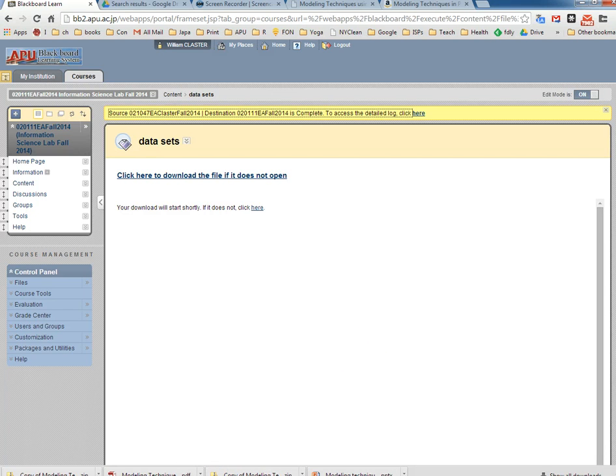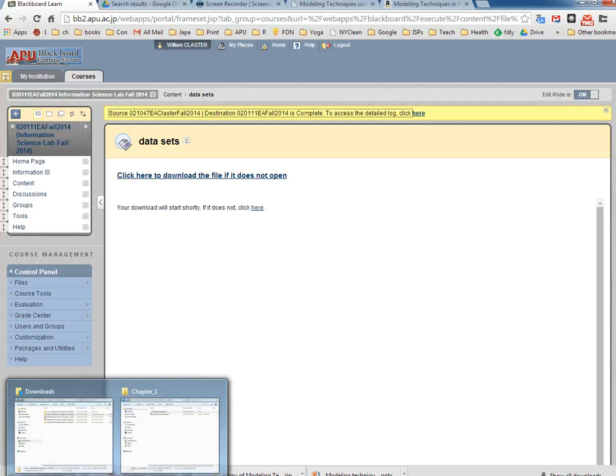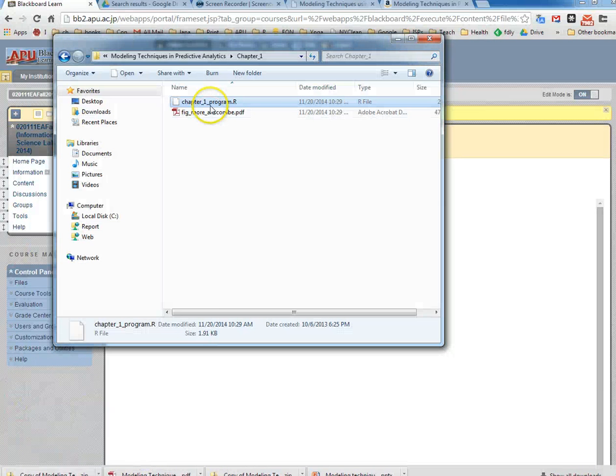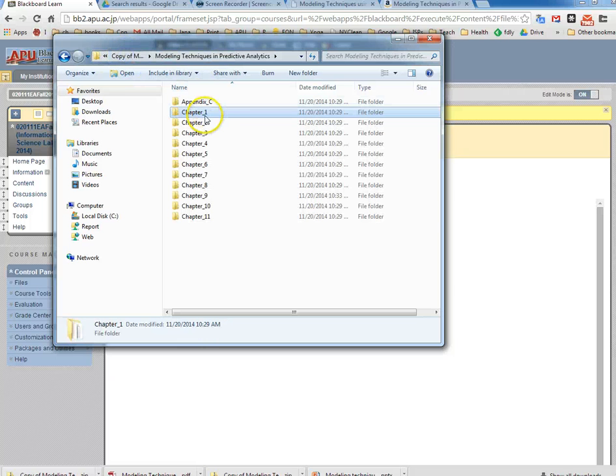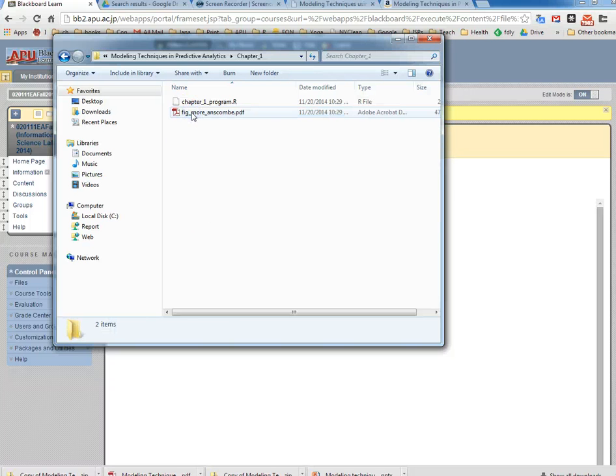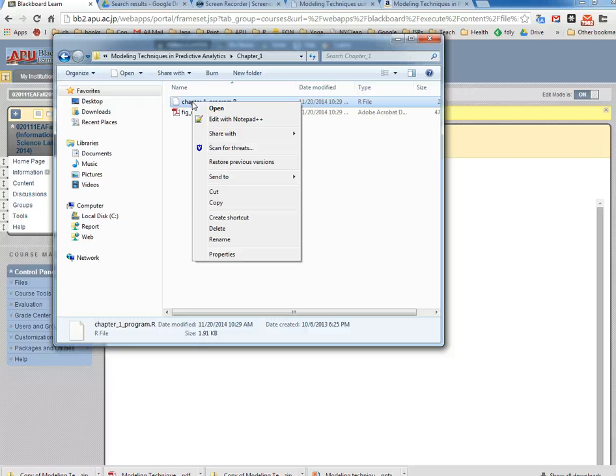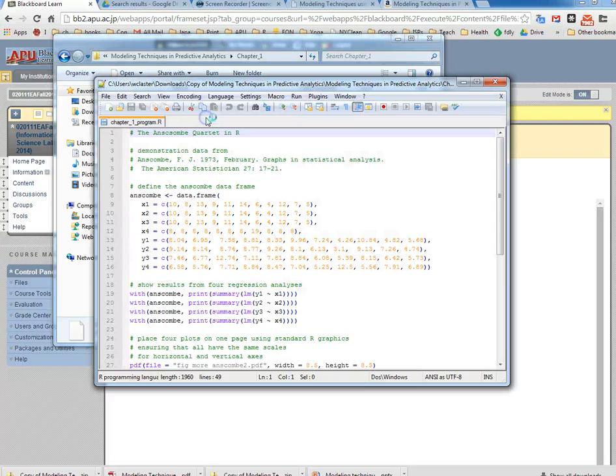Okay, anyway, so let's look at the code for chapter 1. So this is chapter 1. It looks like this. There are these different chapters here, and here's chapter 1, and you should have R open as well. You can just right-click on this file, and you can open it in Notepad++. And it should look like that.